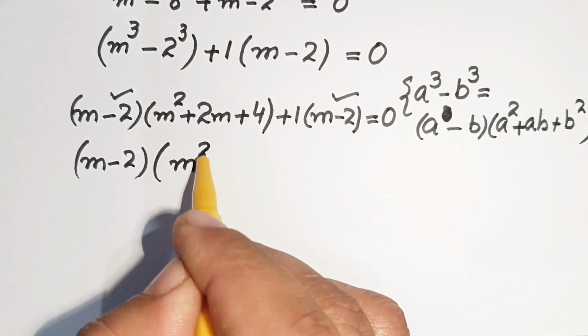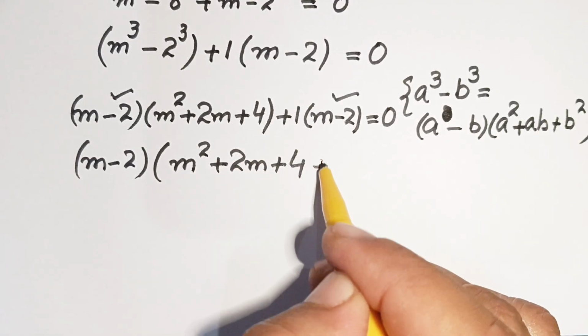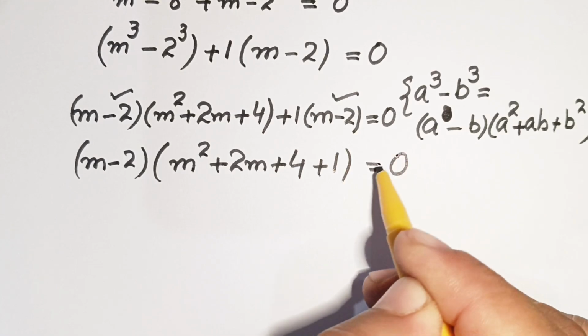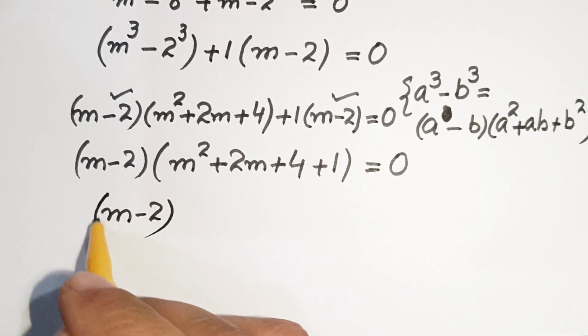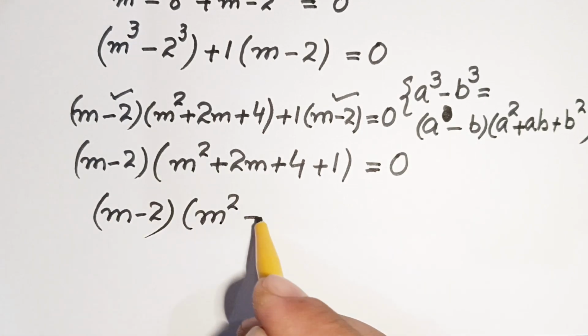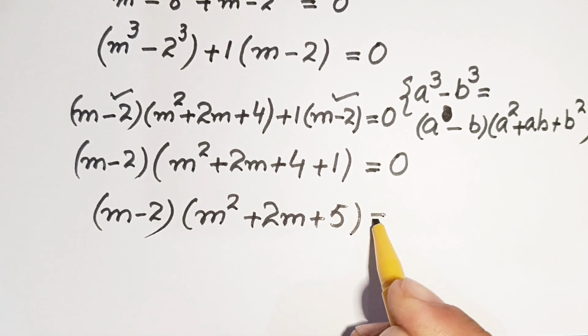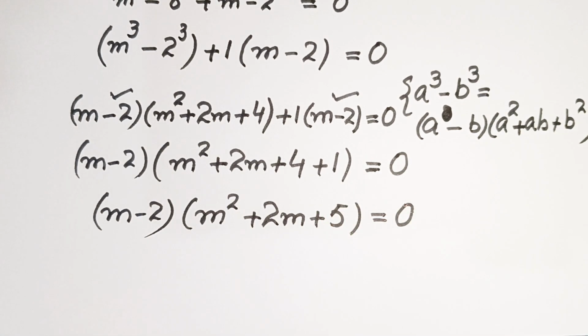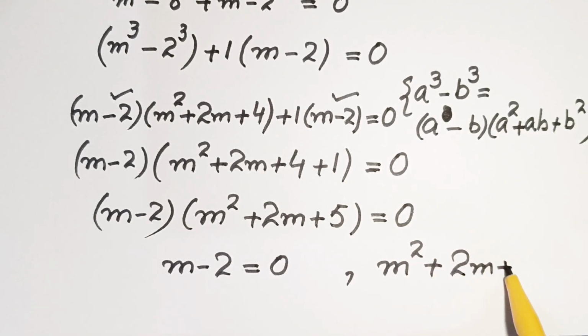Then we have m squared plus 2m plus 4 plus 1, which is plus 5, equal to 0. Now we have two possible cases: m minus 2 is equal to 0, or m squared plus 2 times m plus 5 is equal to 0.